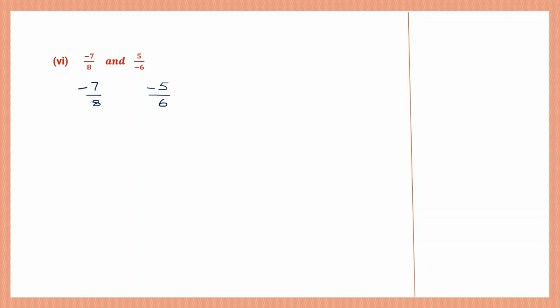Let's find the LCM of the denominators 8 and 6. So let's divide this by 2. 2 4s are 8, 2 3s are 6. Continue with 2. 2 2s are 4. You bring down 3. Continue with 2, 1 and 3. Now we use 3, 1 and 1. So what is the LCM here?